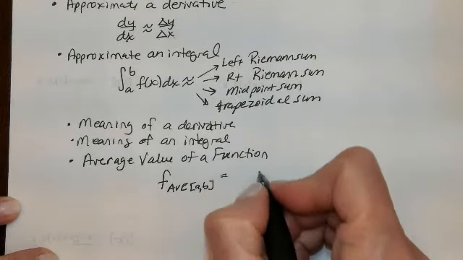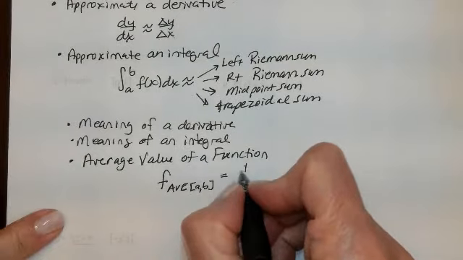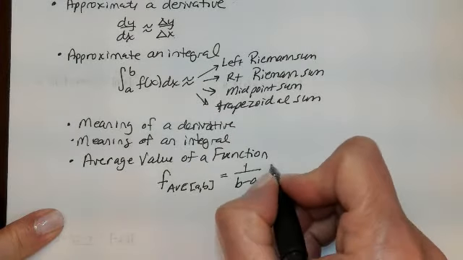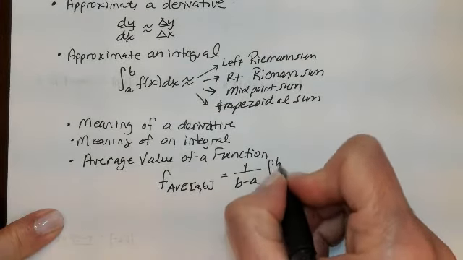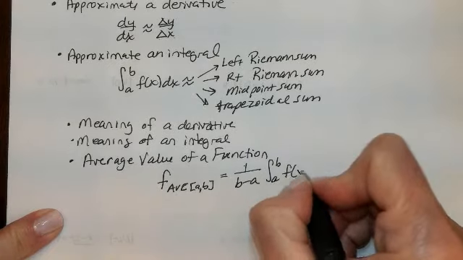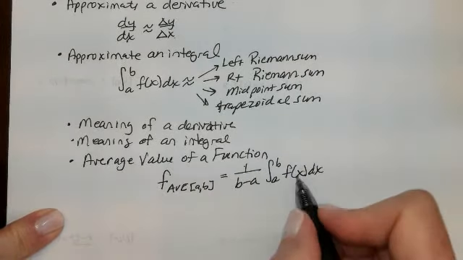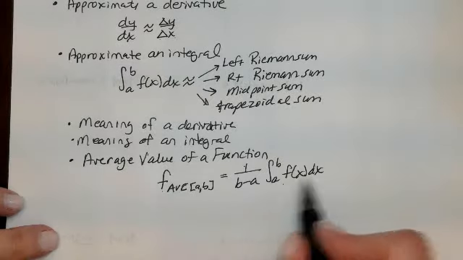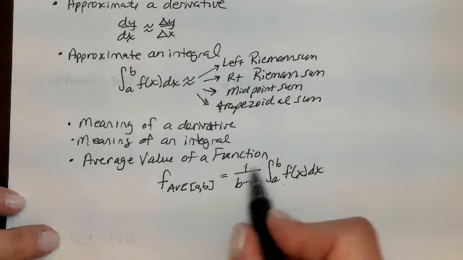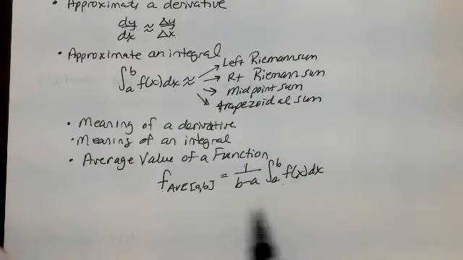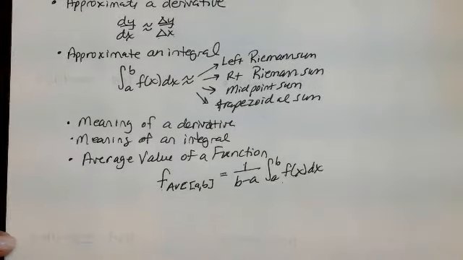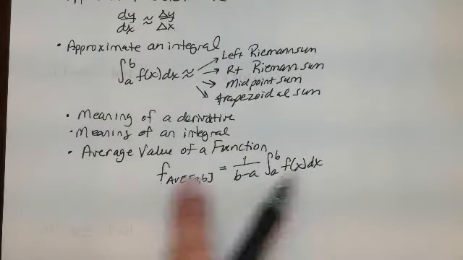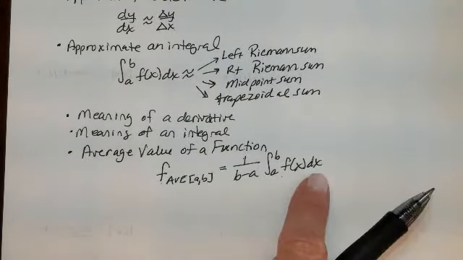The equation for that is 1 over b minus a times the integral from a to b of your function. Remember, if you're finding the average of your test scores, you add up your test scores and then divide by the number of tests. That's how we remember that. So average value of a function: you're finding the average of F.